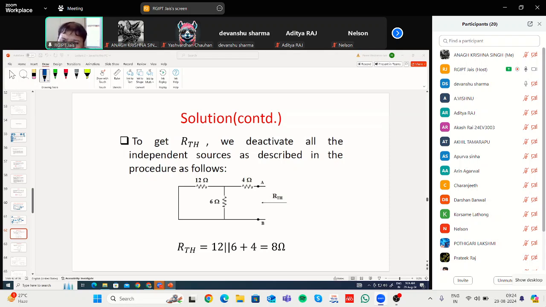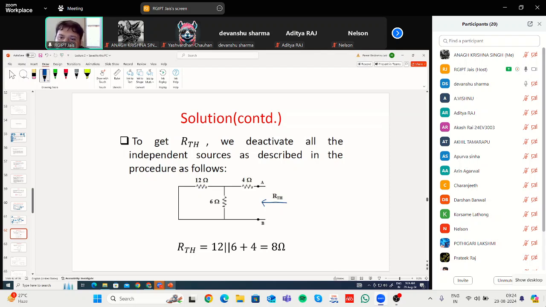Now you are looking into the circuit from these two open terminals, terminals A and B. If you do that, what is the equivalent resistance of the circuit? That you have to find.